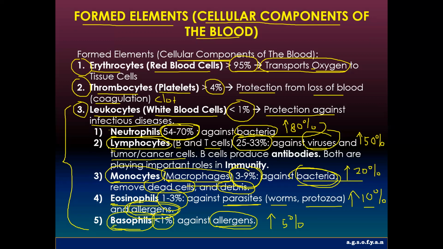So by remembering that order, we can relate it to the names of the white blood cells by abundance in our body. So never, neutrophil; let, lymphocyte; monkey, monocyte; eat, eosinophil; banana, basophil.